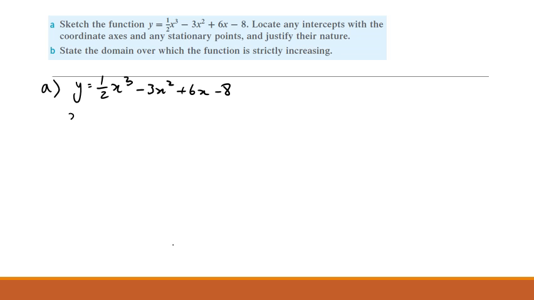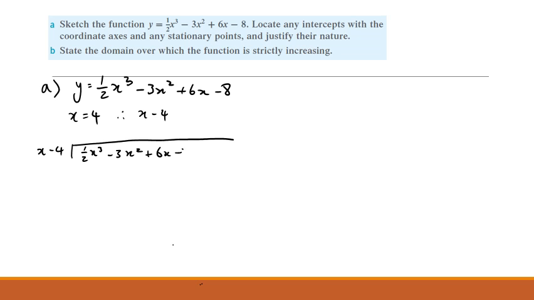They're the only numbers that divide in fully. So then the factor is x minus 4. Do your long division. Make sure you subtract each time.